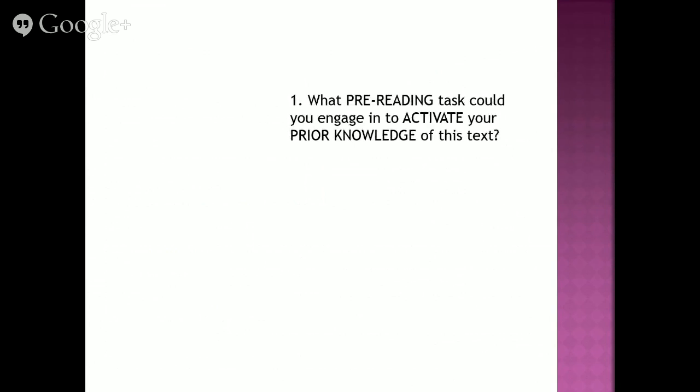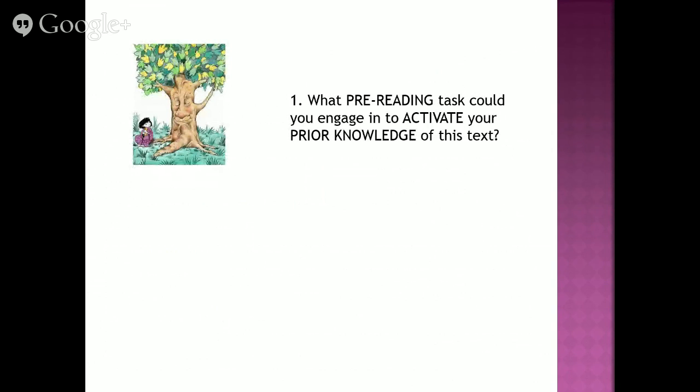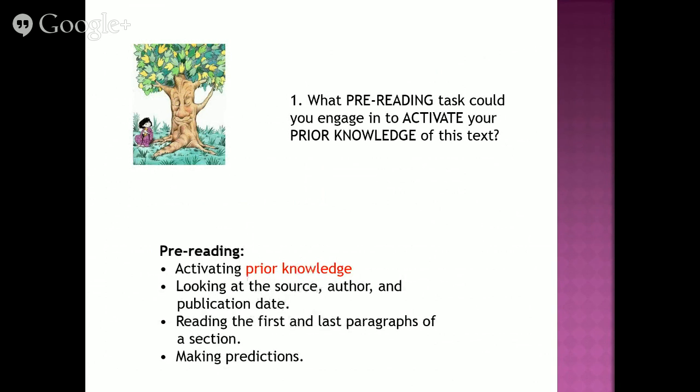What pre-reading task could you engage in to activate your prior knowledge of the text that is going to come up soon? And just to recap, we're looking at the first bullet as an example of an activity for a pre-reading task, looking at prior knowledge. So when I give you the text, what would your prior knowledge be that you could activate from your memory?